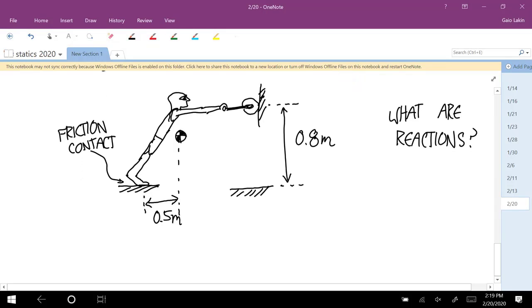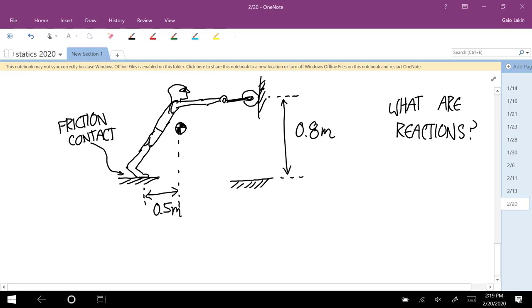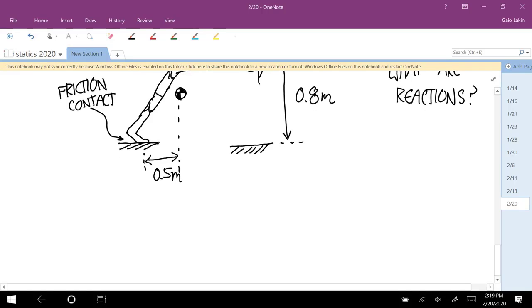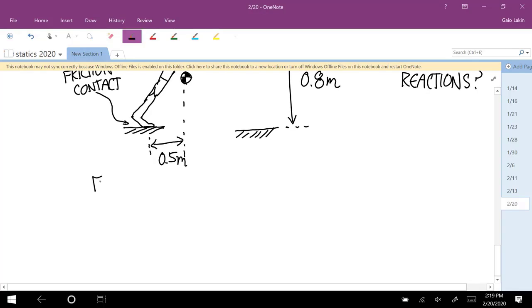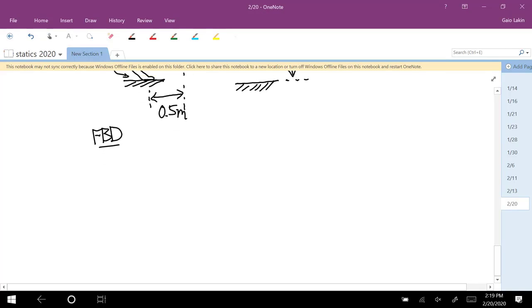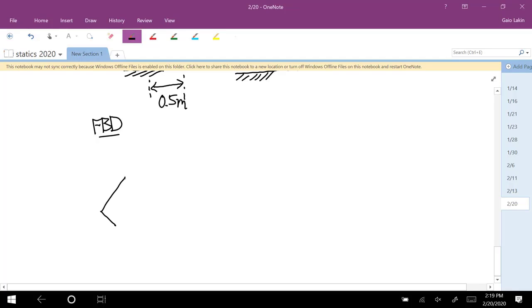Well, if you draw a free body diagram, okay, so there's the outline. The weight acts here. Did I give his weight?